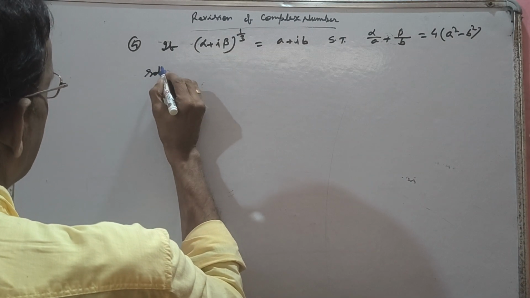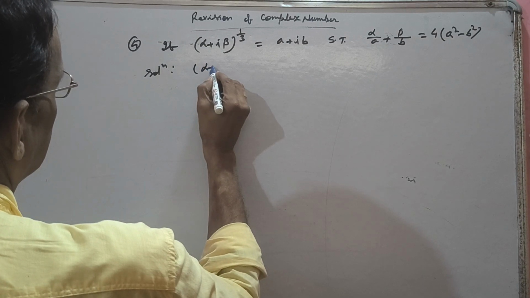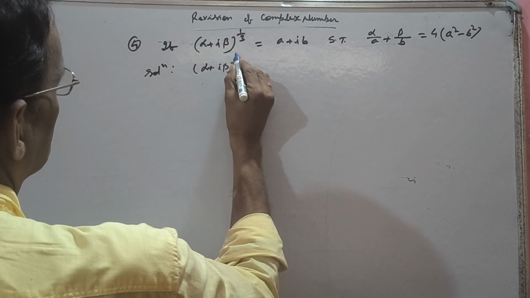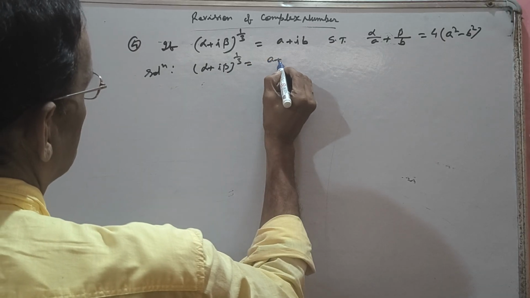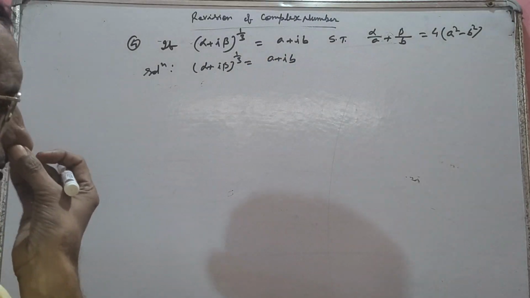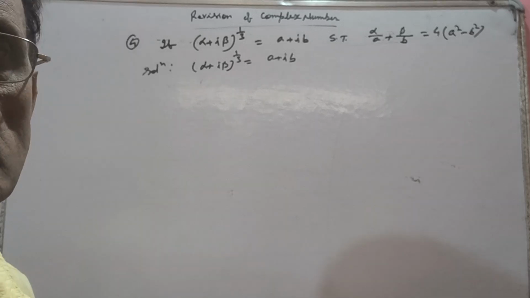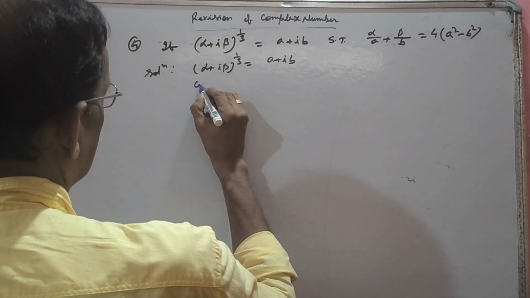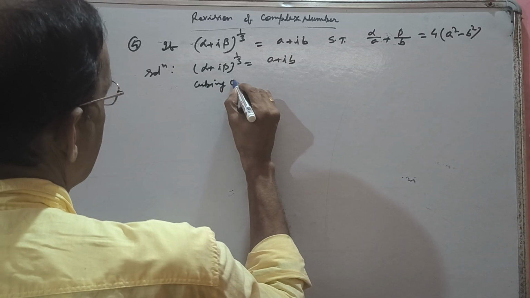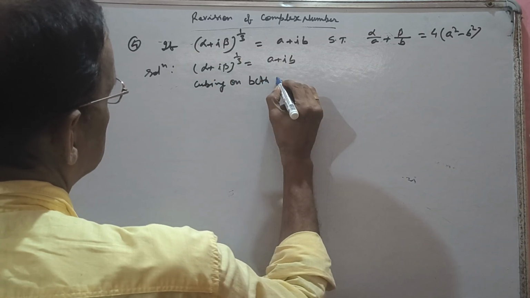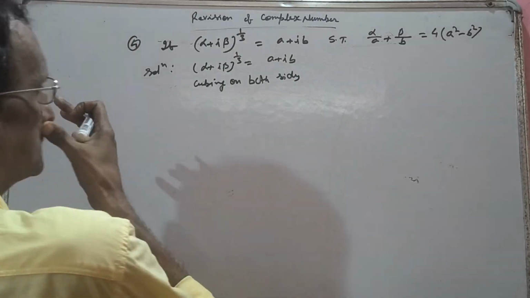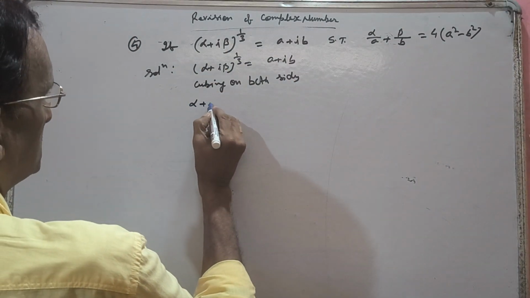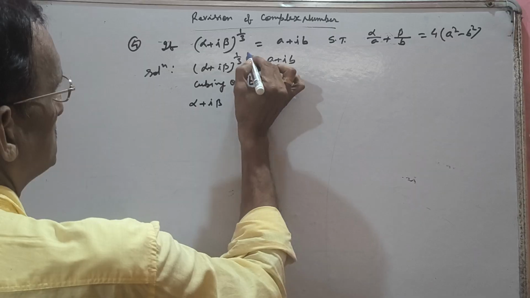What is given? Alpha plus i beta whole to the power 1 by 3 equal to a plus ib. To remove the 1 by 3 power, obviously we need to do cubing on both sides. So we will write cubing on both sides. What we will get here? Alpha plus i beta, because this whole cube and the 3 cancel.